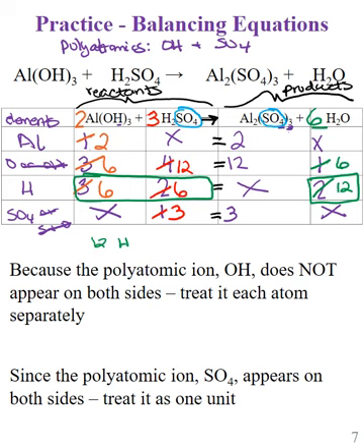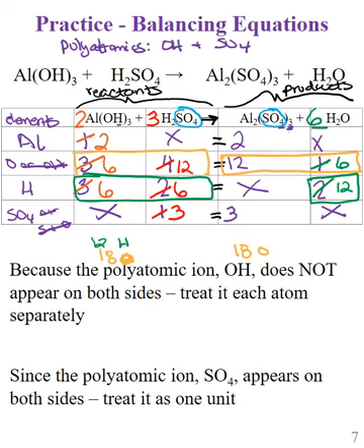How many oxygens are on the left side? Okay, I add them up. So that means I have 6 plus 12. That's 18 oxygens on the left. How many oxygens would be on the right side? 18. So that's good.